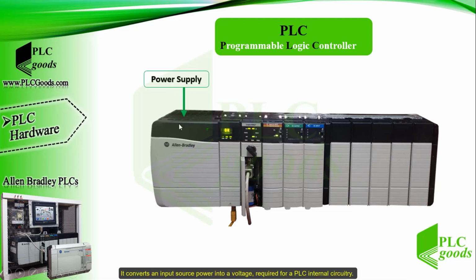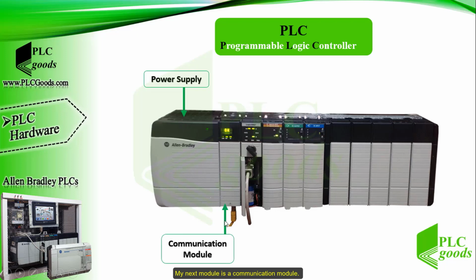It converts an input source power into a voltage required for a PLC internal circuitry. The power supply module converts the input source power into a signal level voltage used by the PLC processor and other modules. My next module is a communication module.